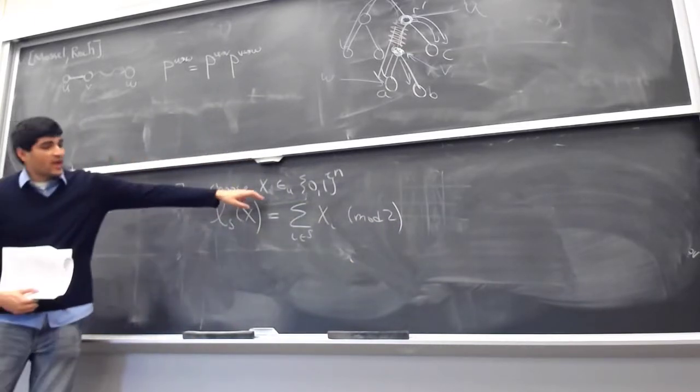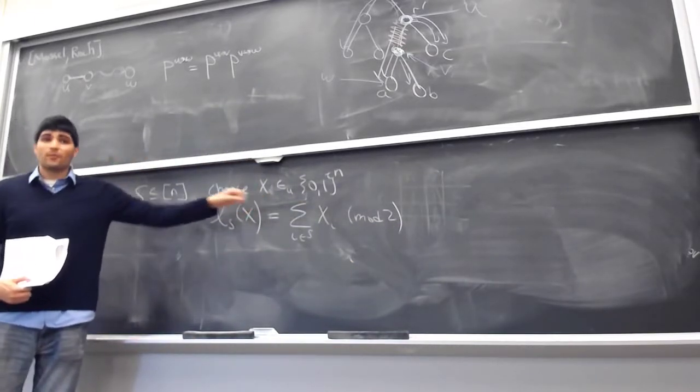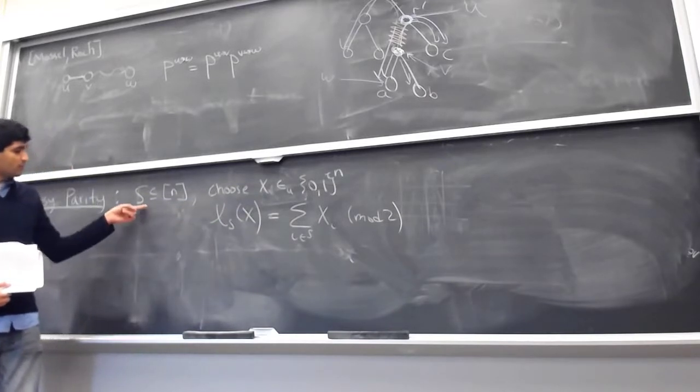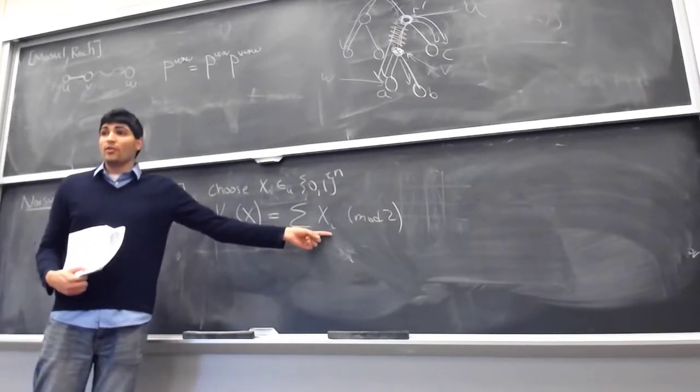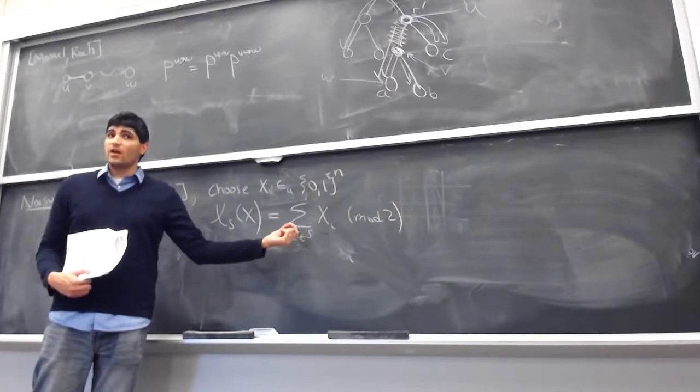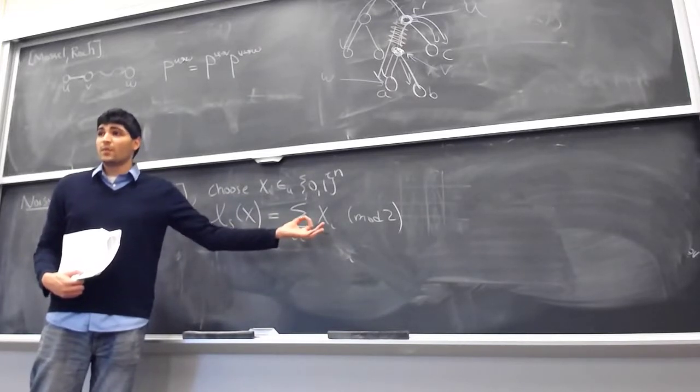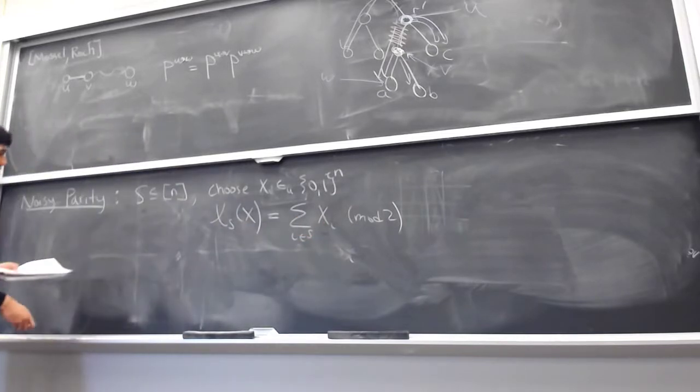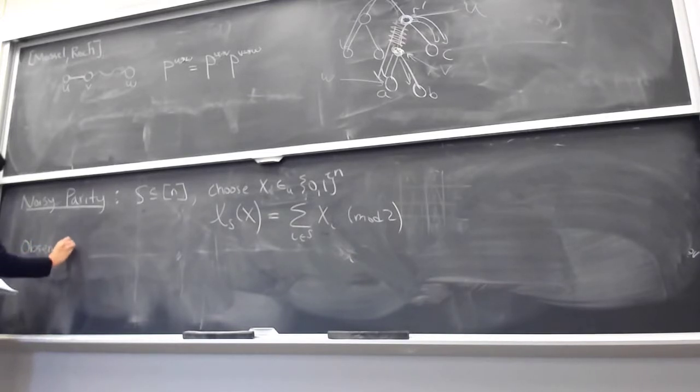So we choose this X uniformly at random. This is one sample from our model. And what we observe is we just add up all the bits in S, whatever X sub i is, and then we observe what their parity is. So in noisy parity, you're going to observe many samples.